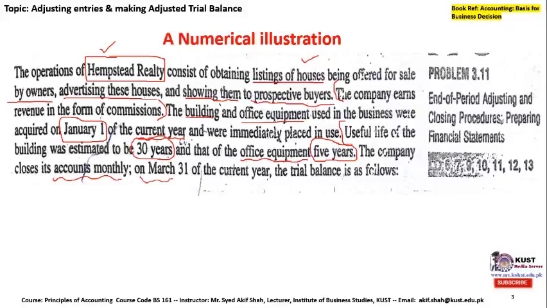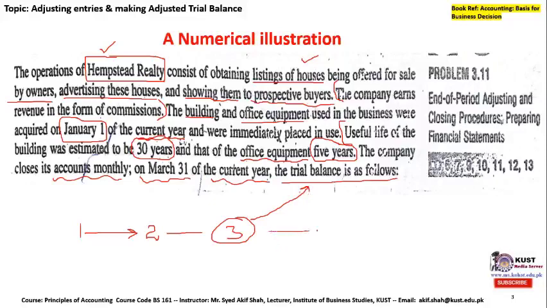So on March 31st, that is the closing of the month of the current year, the trial balance is as follows. This question has actually performed the first 3 steps, that is, they have already done the journal. They are not asking you to make the journal. They have made correctly the ledger accounts, and finally they are on step number 3, that is, they have provided you the trial balance on the next slide.